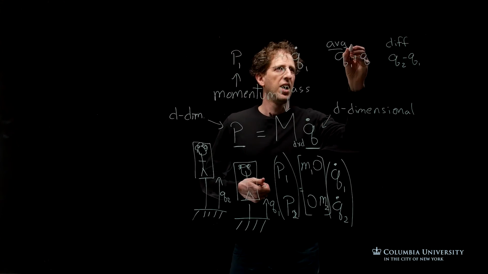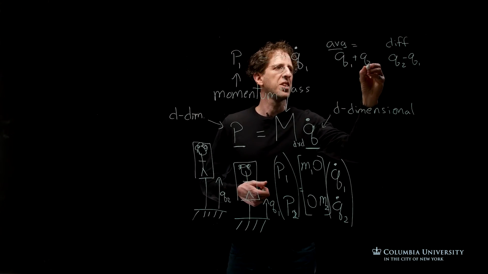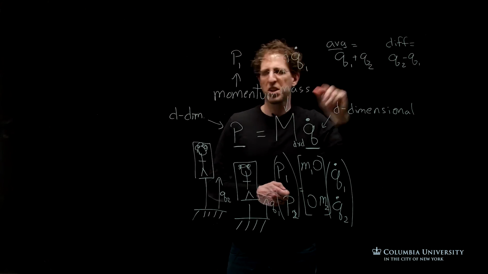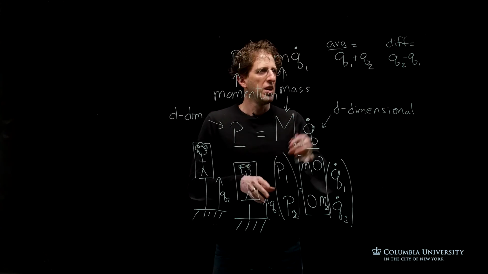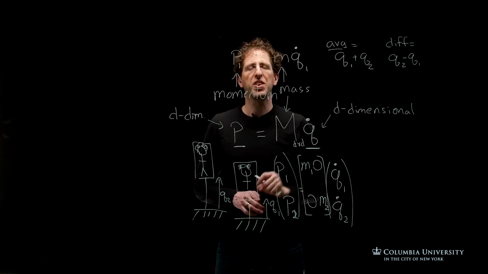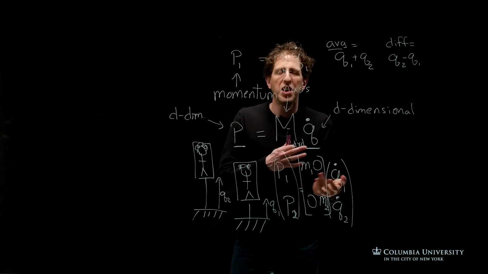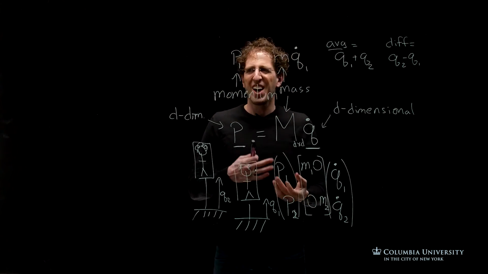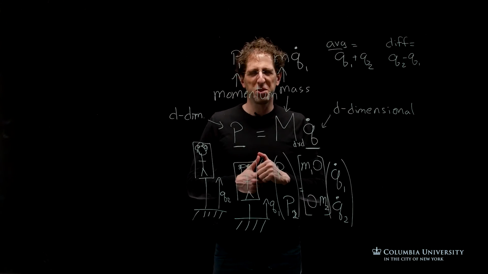Well, I know that the average is q1 plus q2. I know that the difference is q2 minus q1. So if I have both of these equations, I can solve them for q1 and q2. In other words, from the average of two numbers and the difference of two numbers, I can figure out what those two numbers are.